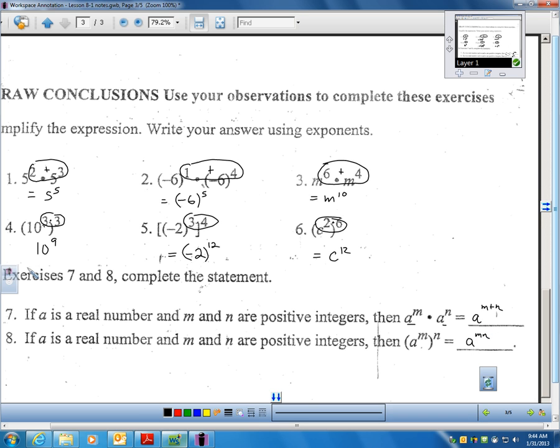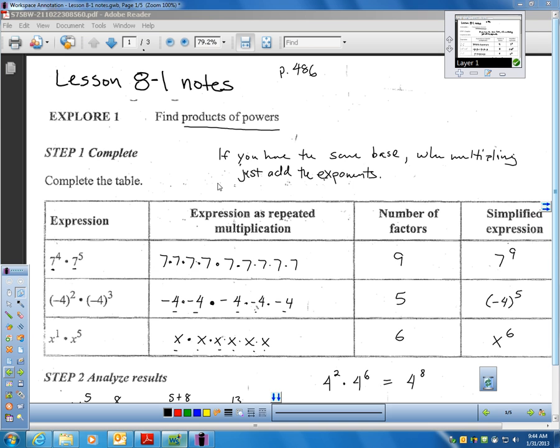Okay, so let me just go back real quick, because on my video audit I'll do this, okay? So there's 2 properties we've learned. The first property is the product of powers property. Okay, so property number 1 of exponents is the product of powers property.